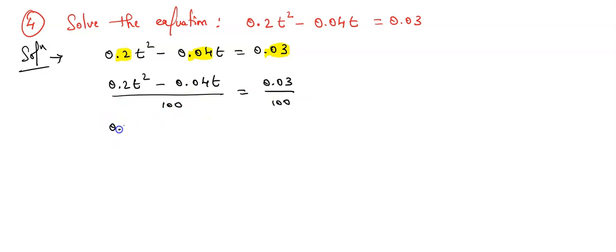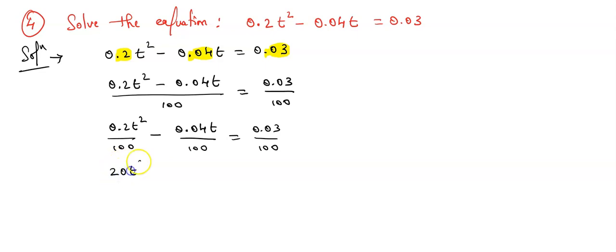So what happens? 0.2 t square by 100 minus 0.04 t by 100 is equal to 0.03 by 100. See children, 0.2 by 100 will become 20 t square. If you want, you can divide and check. Minus 0.04 by 100 becomes 4. Actually, it becomes 4.00.